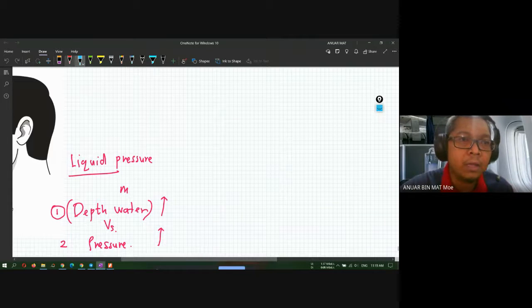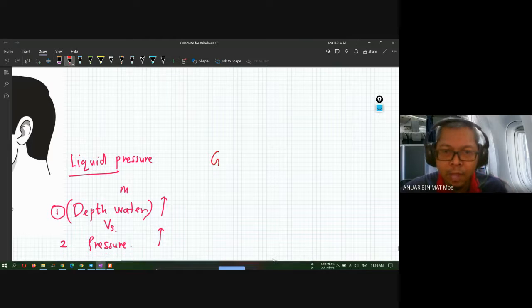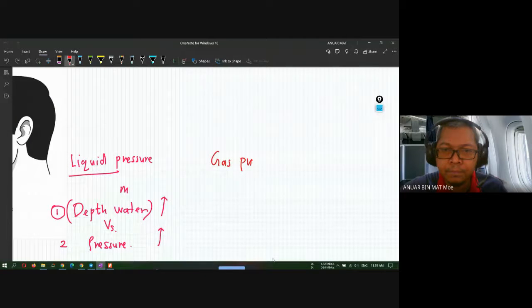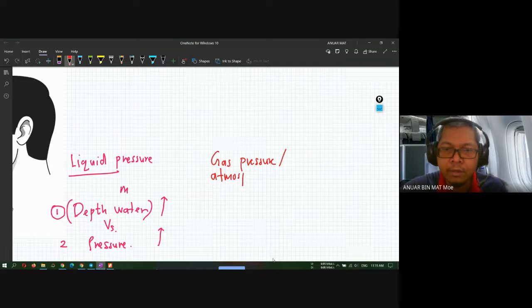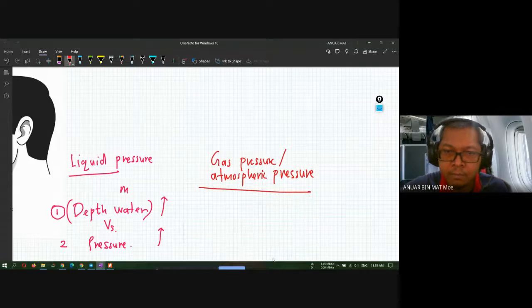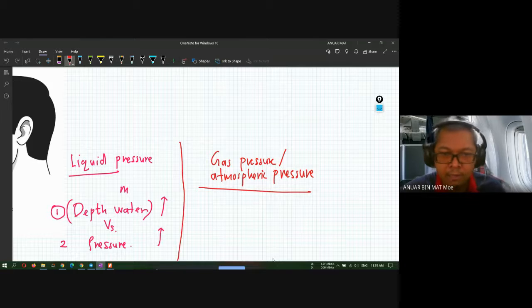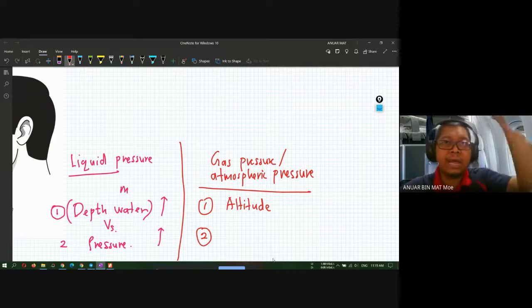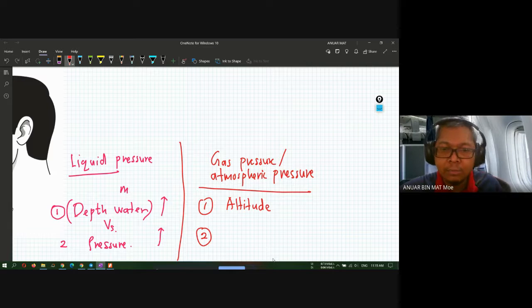How about gas pressure or atmospheric pressure? This one is a bit different because it's a different state of matter, right? Number one, the altitude. You know what is altitude? Altitude is the height, and then pressure.